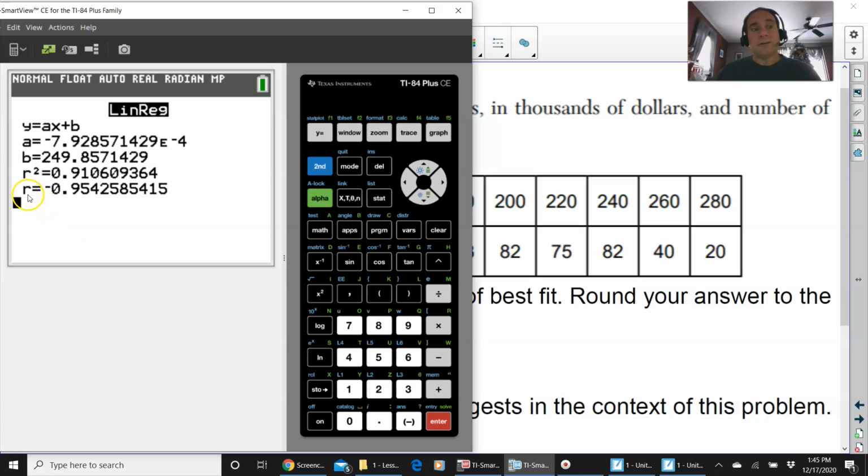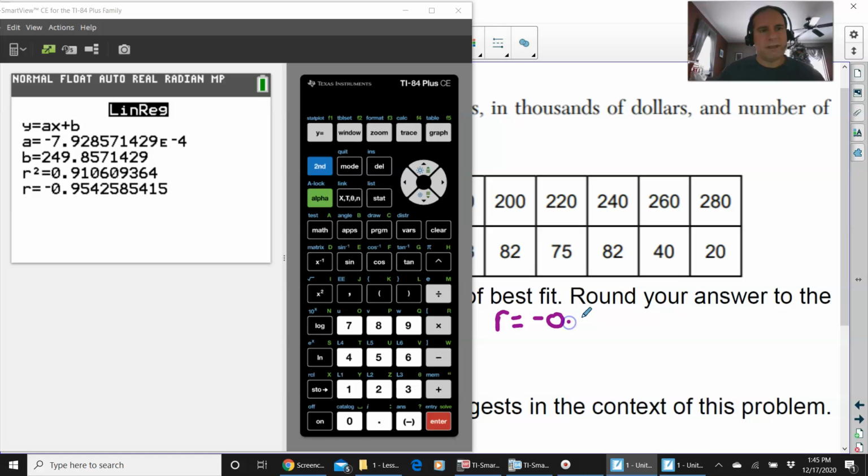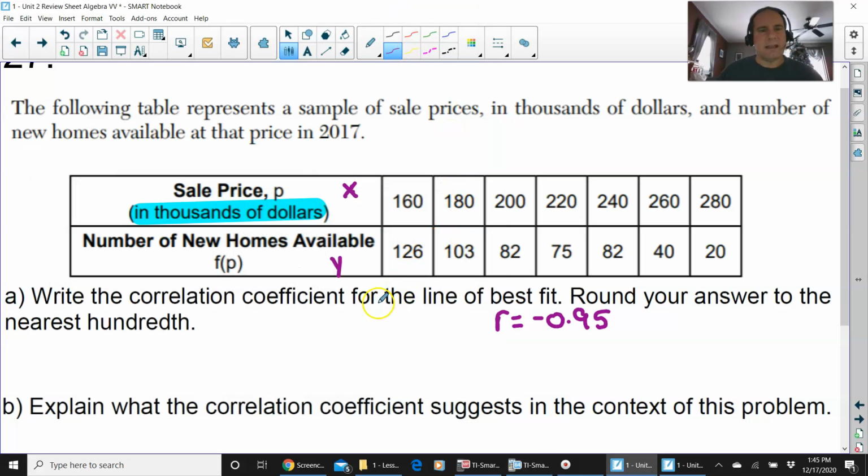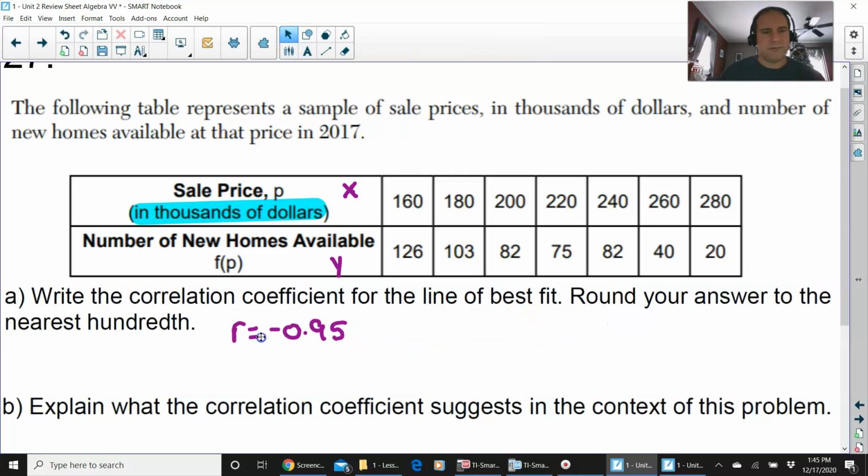So you're just going to write down the r, which is the correlation coefficient, as negative 0.95. And it says rounded to nearest hundredth. That 5 stays a 5 because the next number is a 4. This is the correlation coefficient.